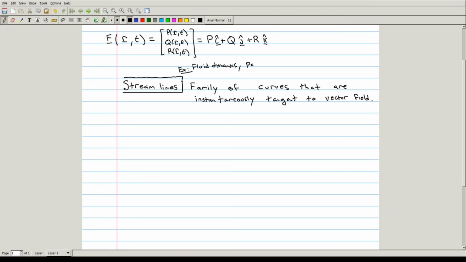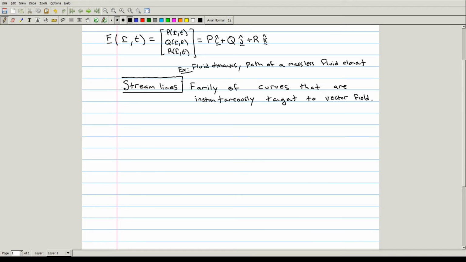This is the path of a massless fluid element. At that instant, it's the exact path that a massless fluid element would take. This is if the field is constant with respect to time. If it's changing with respect to time, then so are these streamlines.